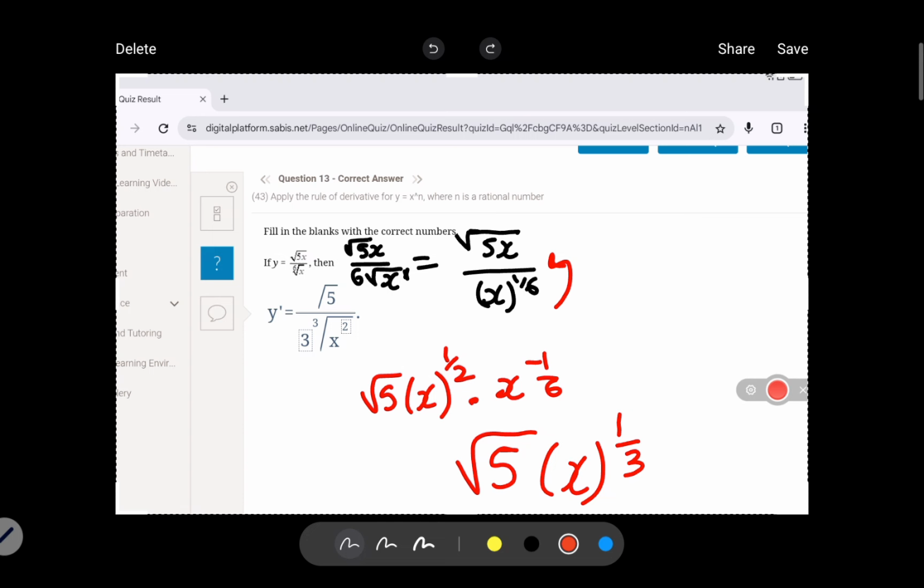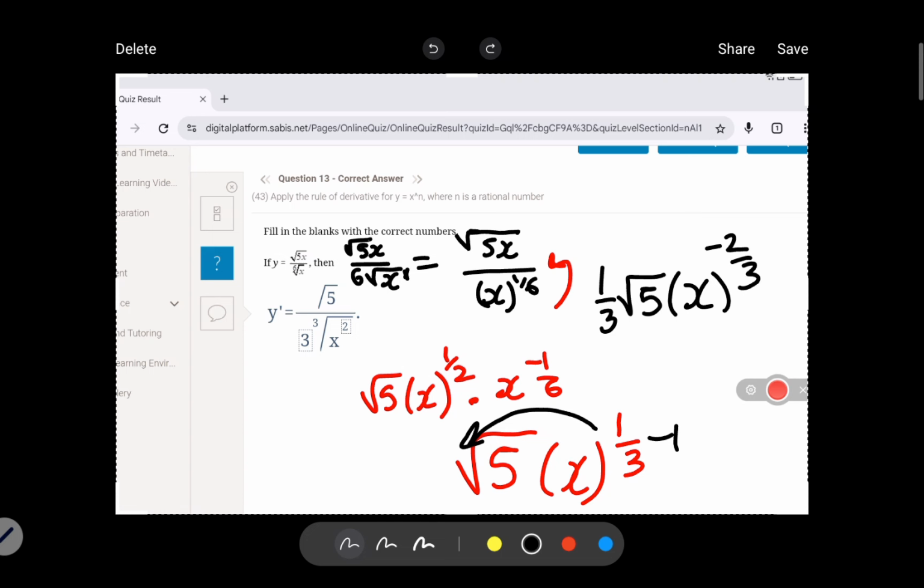So now you know the rule of the derivative: you put this down and then minus 1. So 1 over 3 radical 5 x to the power of negative 2 over 3, because 1 over 3 minus 1 is negative 2 over 3.